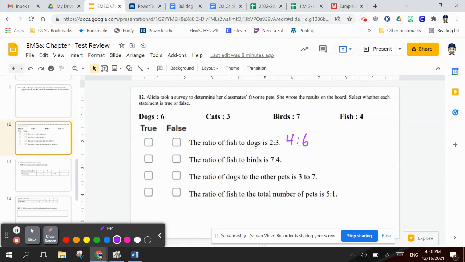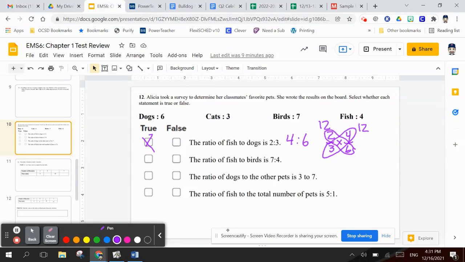So I want to compare those two. I have 2 to 3 and 4 to 6, and I'm simply going to cross multiply. I take 3 times 4, which is 12, and 6 times 2, which is 12. Is that true? That is true, because they have the same numbers.